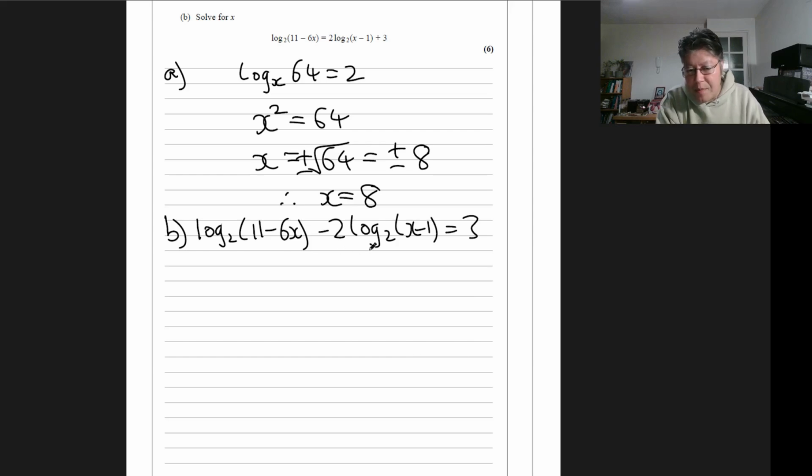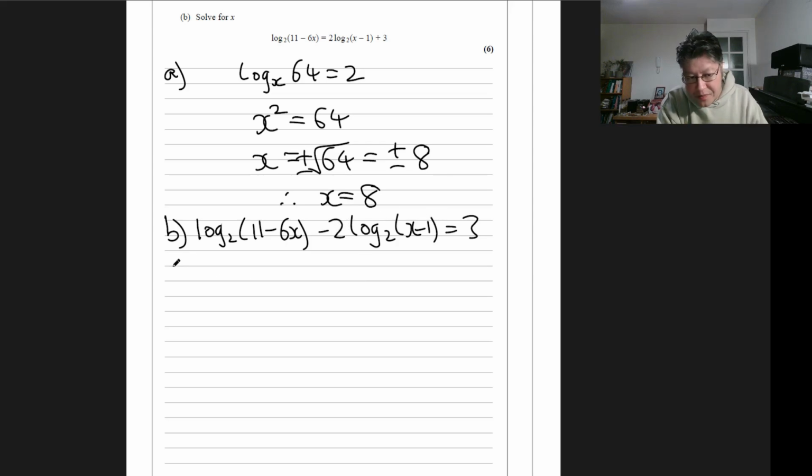Now that all the logs are on the left, the next step is to somehow join them up into one big log. This minus means we can join it up with a division, but we can't quite do that just yet because the 2's in the way.